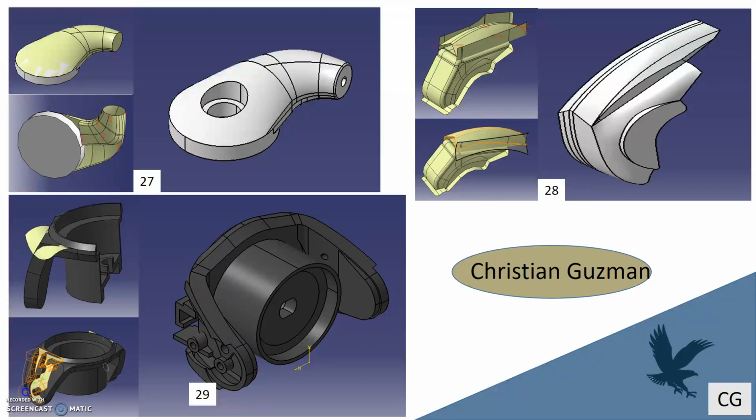The picture on the left is the bale cover, starting from a sketch, going to a multi-section surface using several different splines, and finally making a closed surface in order to give a volume to the part.